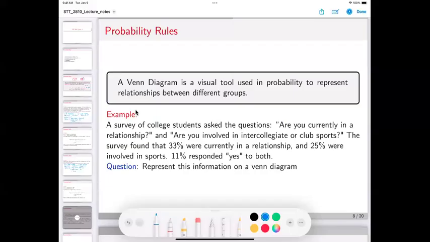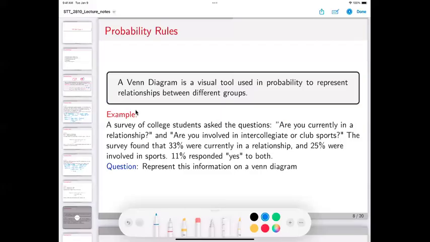So, how do we represent this information on the Venn diagram? It's very important that you understand how to do this. When you learn how to do the Venn diagram, many questions are going to be very easy. You can just look at the Venn diagram and then write the answer. Is that okay? So let's learn how to do that. To represent this information on the Venn diagram, this is the first example we did.